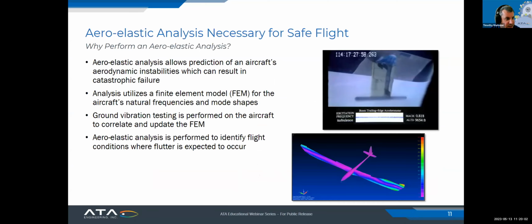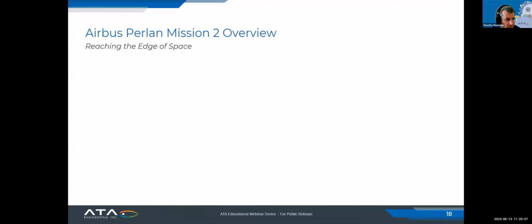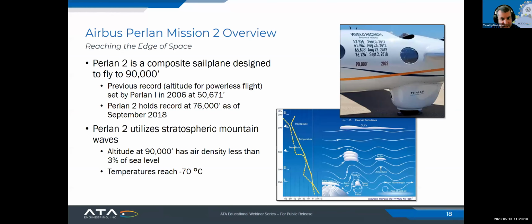I went too far, sorry. Yeah, 76,000. I think it was pretty slow, maybe like 100 knots at that altitude. Yes, indicated. But correct, the true Mach number, the true velocity relative to the surface, is substantially higher than that. Yep.